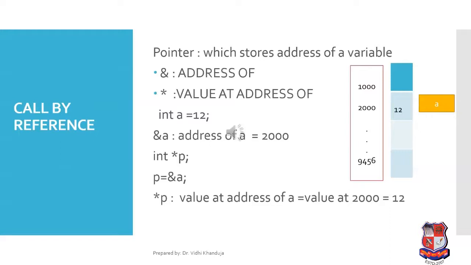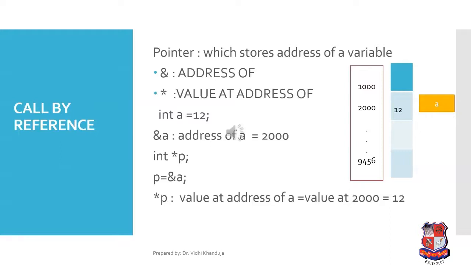How do we check that address? Write ampersand a. If we print that, we will get the address where the number 12 is stored. Now, how do we store this address, 2000? We need a pointer for that. So we write int *p.